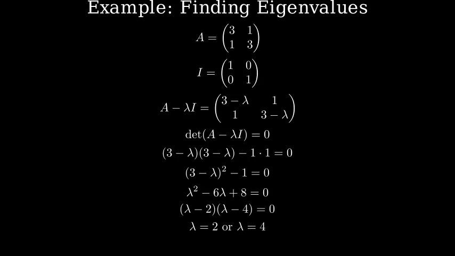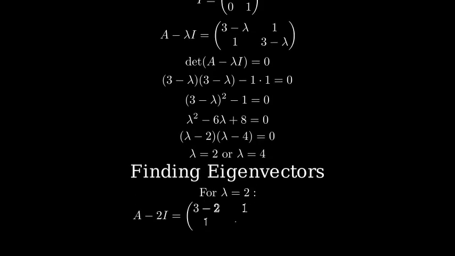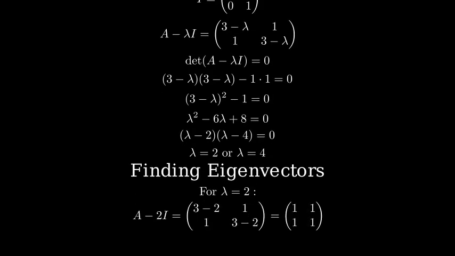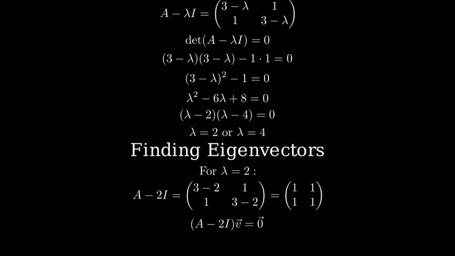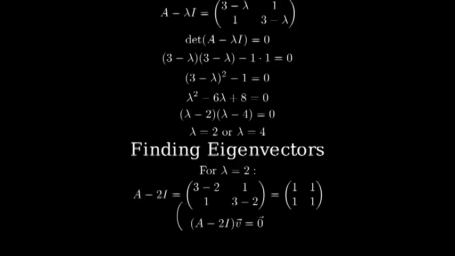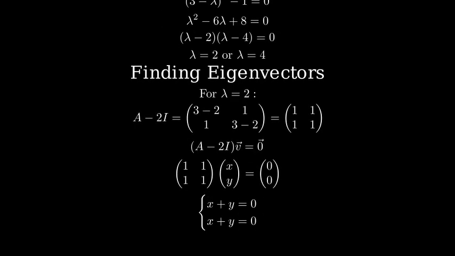Now that we have our eigenvalues, let's find the corresponding eigenvectors. First, for lambda equals 2, we substitute into A minus lambda I to get [1, 1; 1, 1]. We need to find non-zero vectors V such that (A minus lambda I) V equals 0. This gives us the system x plus y equals 0 and x plus y equals 0.